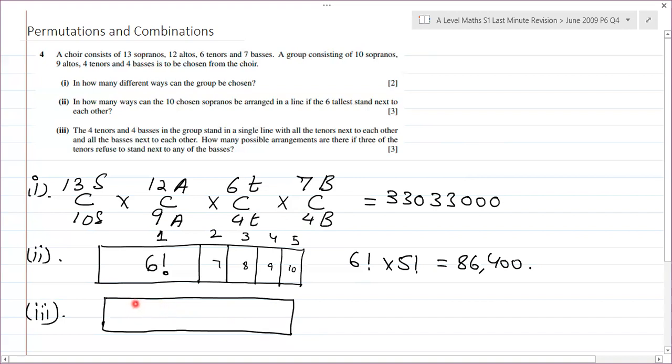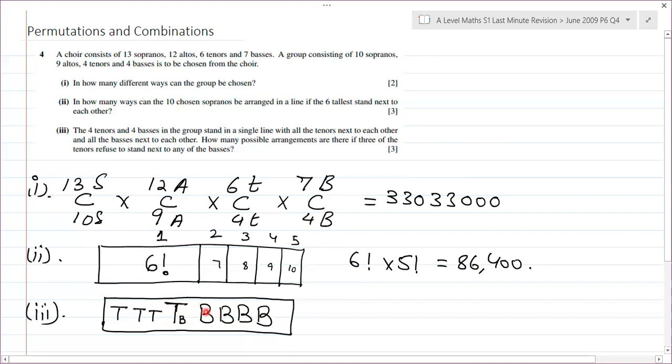So 3 are refusing to stand, only 1 is saying yes. We'll have the 3 T's over here which refuse, and 1 T which says yes, I am ready to stand with the 4 B's.